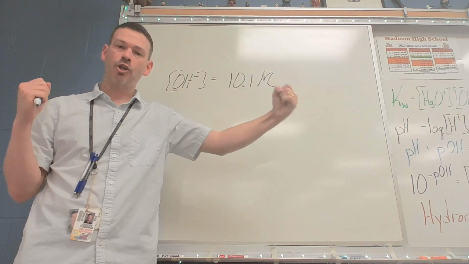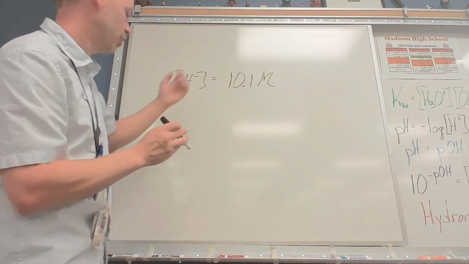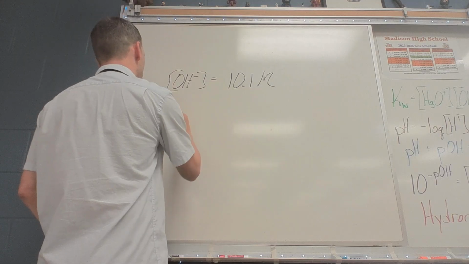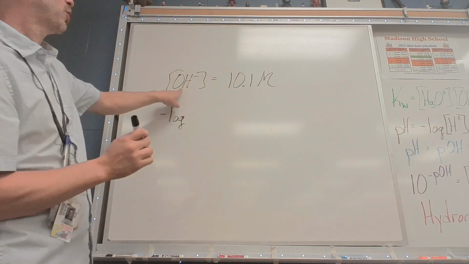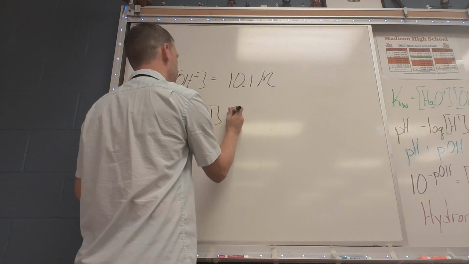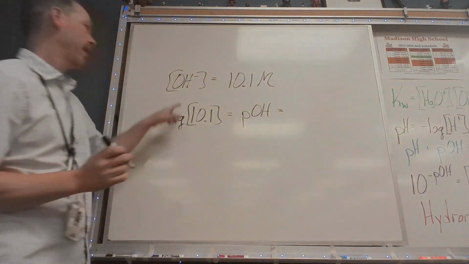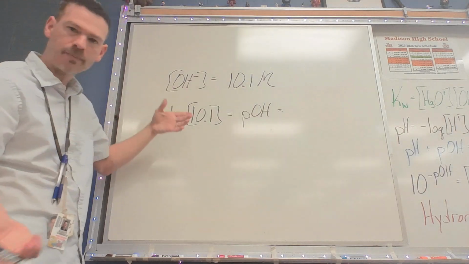Hydroxide talks to pOH. There are two separate worlds that are just living near one another. So we can say negative log of this strong sample, but realize that it's going to spit out a pOH because it's OH- instead of H+.